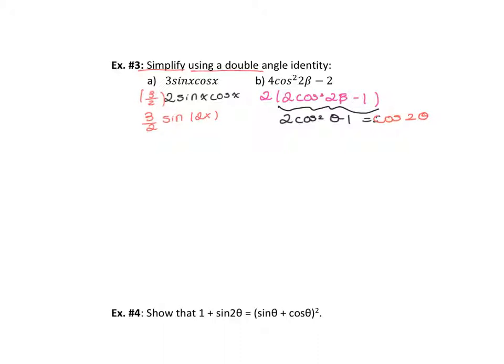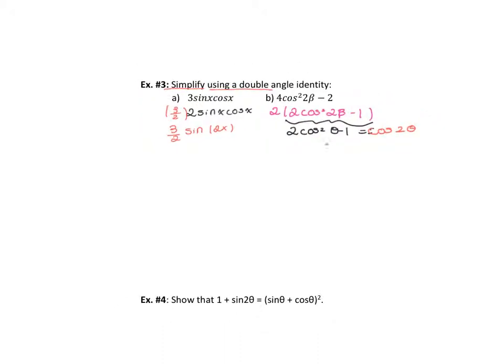So what I mean by that is you can say that theta is equal to 2 beta. Right? Okay. So you're essentially using a little bit of substitution here. Do you see that? Yeah. So what you're saying then is, okay, well, you have this, which is really close. The only issue is you don't have a 2 theta, you have a 2 beta, where theta should be, right? So if you just use substitution and you say, okay, well, let's just make theta equal to 2 beta, not just beta, 2 beta.